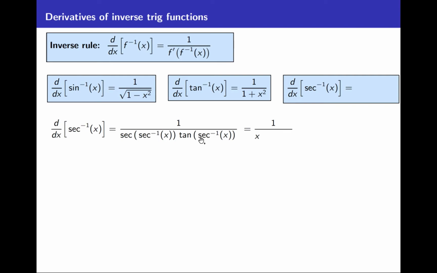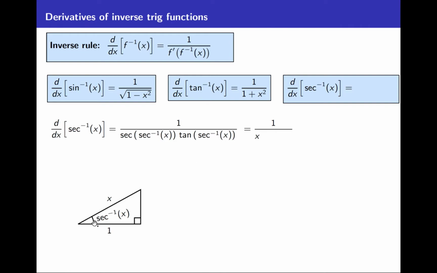Let's think about geometrically what's going on here. Tangent of secant inverse of x. Think of our picture of secant inverse of x. If we have this right triangle whose adjacent side is 1, and whose hypotenuse is x, this angle is secant inverse of x. It's the angle where if you took secant of it, you'd get x. And here, we are taking tangent of secant inverse of x.